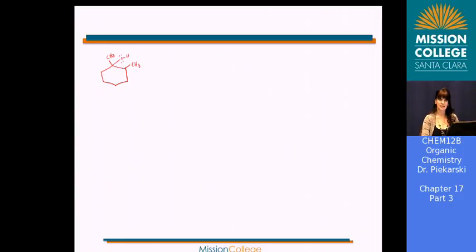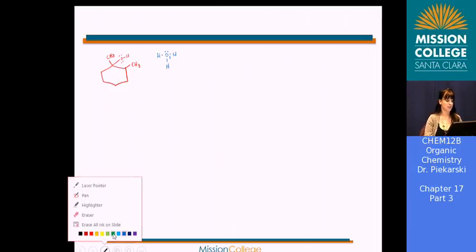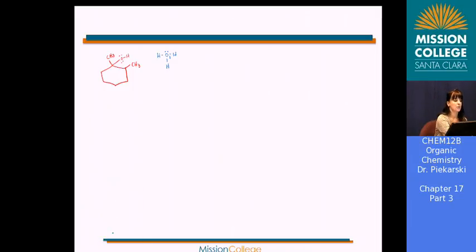So this is an acid-catalyzed dehydration. Anytime you see acid-catalyzed, you think hydronium ion. So you want to draw your hydronium ion as the electrophile. Like I said, I always like to draw my starting electrophile in blue, my starting nucleophile in red, and my new bonds in green. So this oxygen is the one that's most attracted to the hydronium ion. So it's going to attack that, pull off a proton.